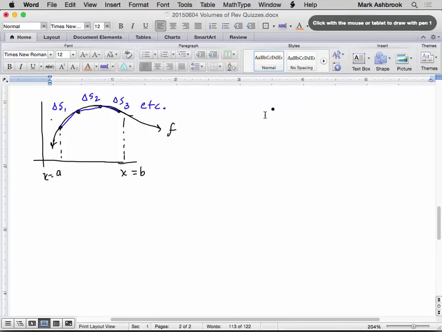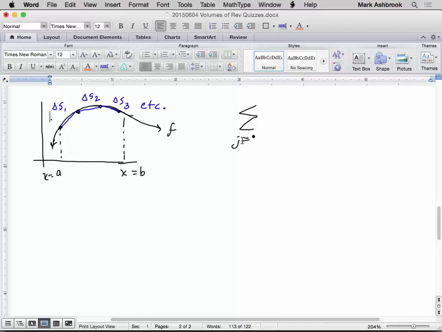So what are we going to do? We're going to sum up, as j equals 1 to n, where n is the total number of segments, the lengths of those segments. That would be an approximate curve length.